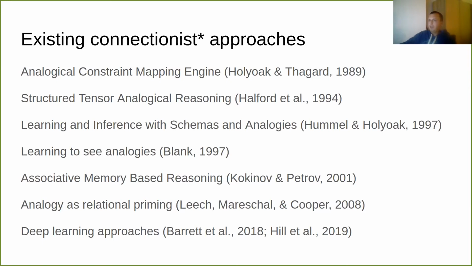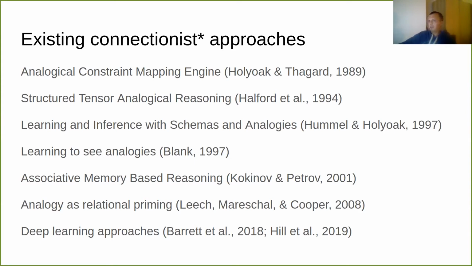So there have been a number of approaches to analogy making using connectionist modeling. They started in the 80s, and work is still being done even today. I'll mention just 7 of these models, but actually there are more than this.